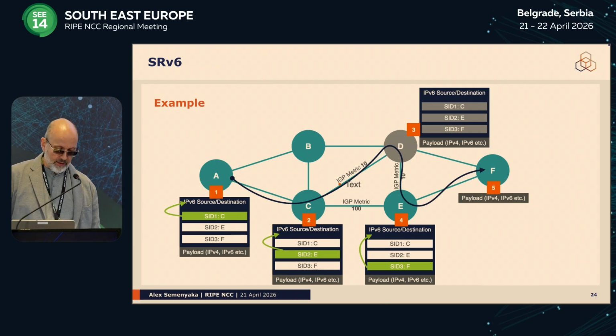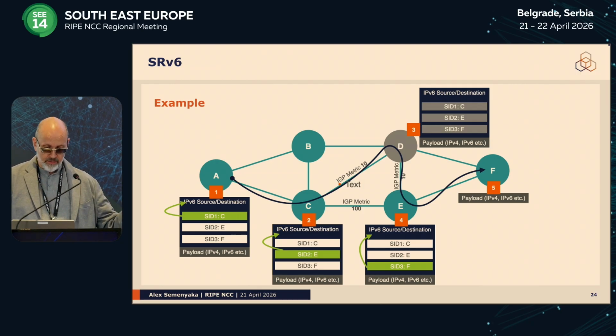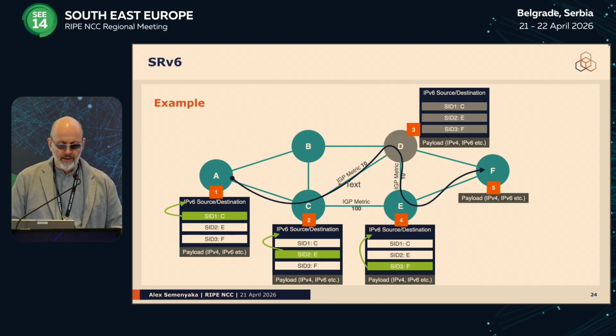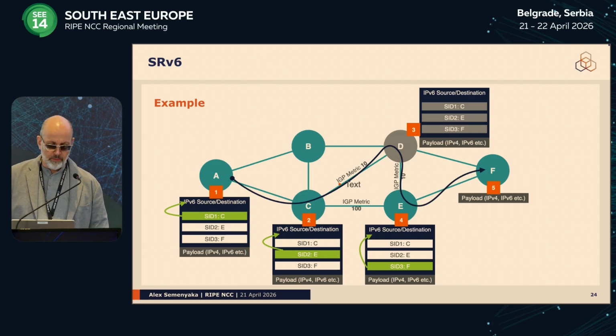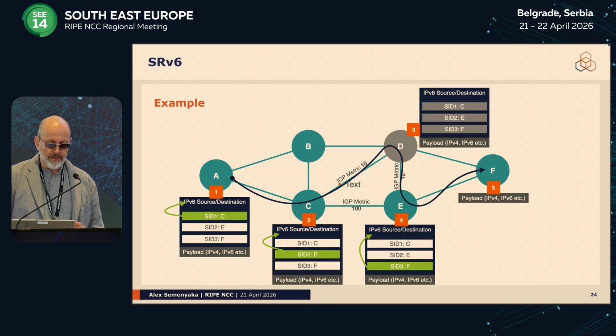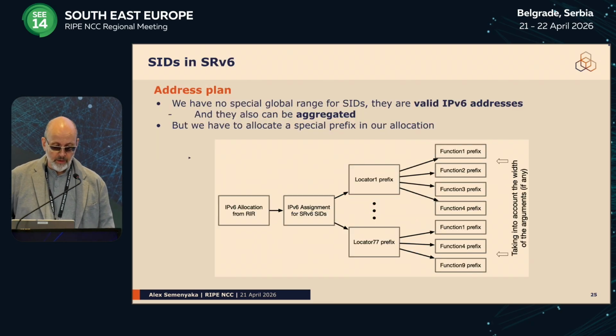This node sees that the packet has SRH. Now it performs the function programmed in the segment, right? And then it shifts the pointer and performs the next step. And this way, it goes from node to node through our network in a programmable way.